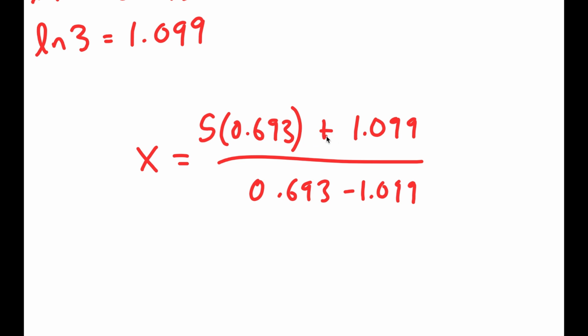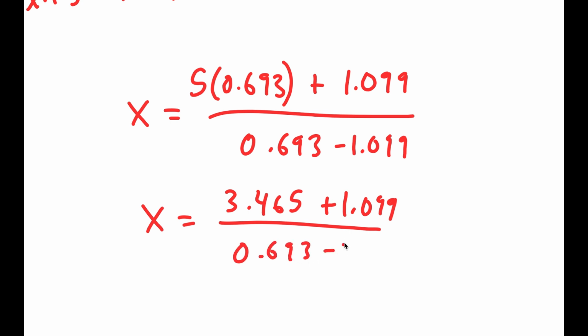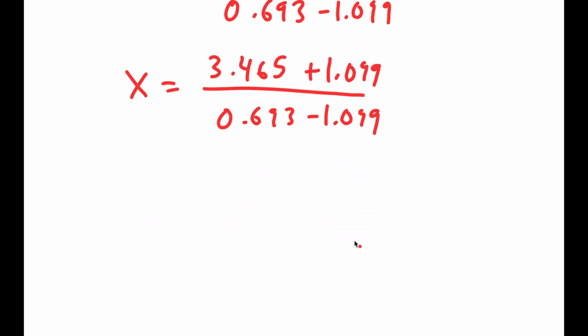Now, 5 times ln 2, or 0.693, is equal to 3.465. So I have this plus 1.099 over 0.693 minus 1.099.